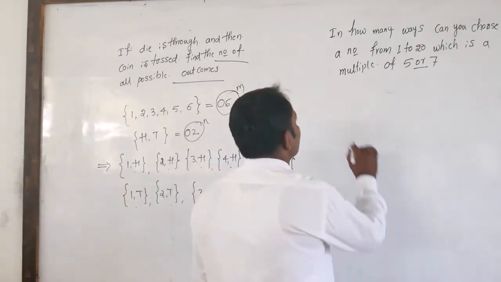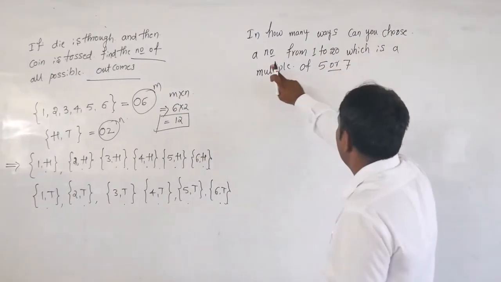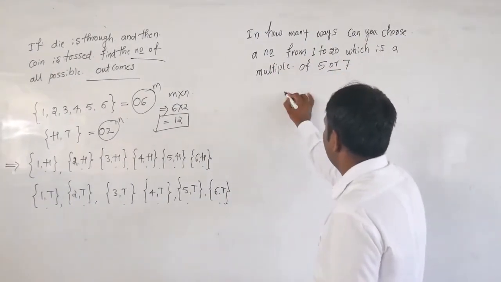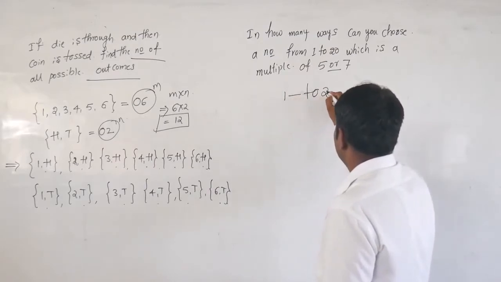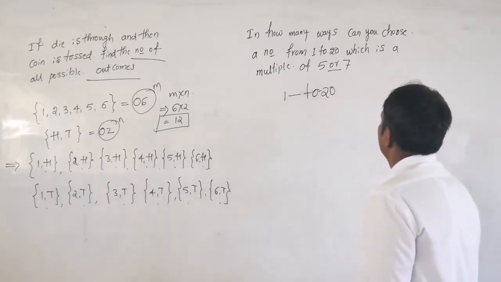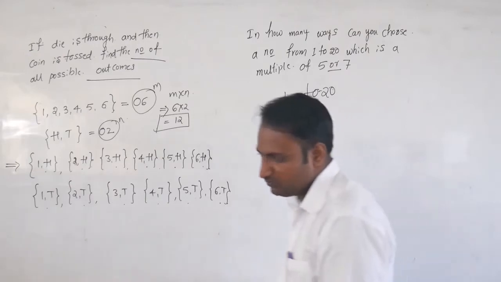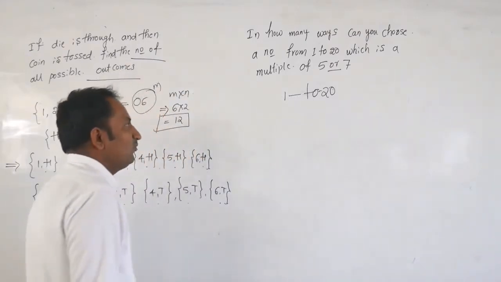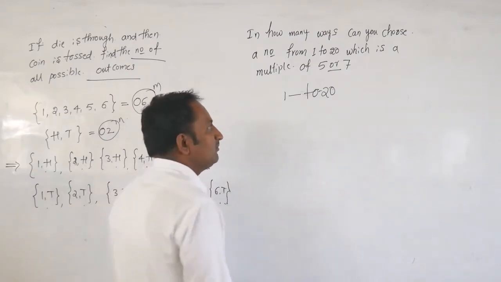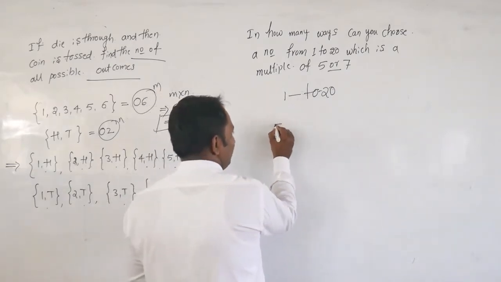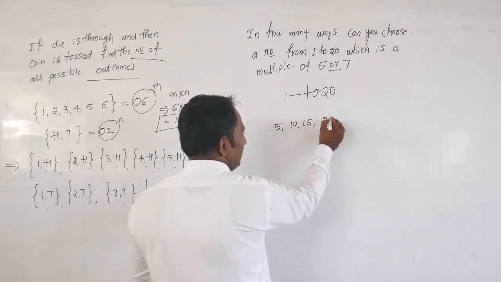Now the additive process. In how many ways can you choose a number from 1 to 20 which is a multiple of 5 or 7? Consider 1 to 20. The multiples of 5 are 5, 10, 15 and 20.